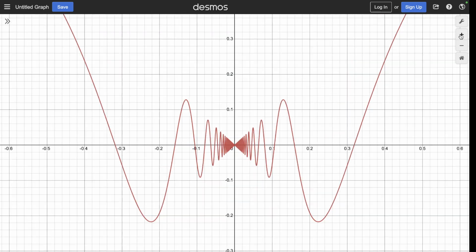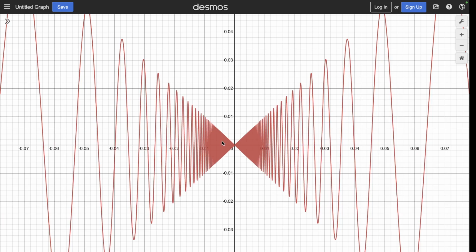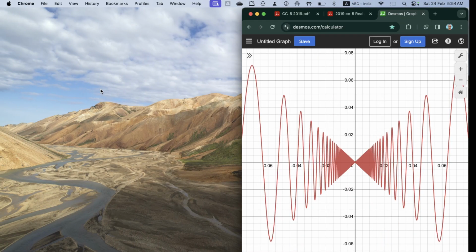If we enlarge this graph, we get this. So this is the graph of x sin(1/x), and at this point 0, the graph of x sin(1/x) is continuous. So the oscillation is 0.